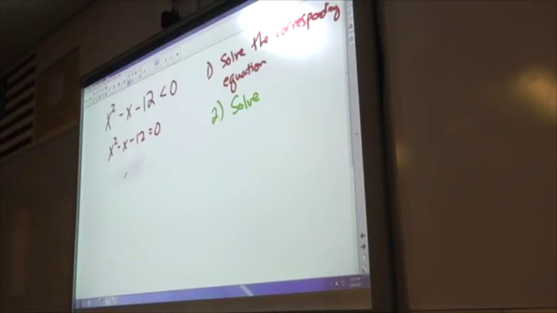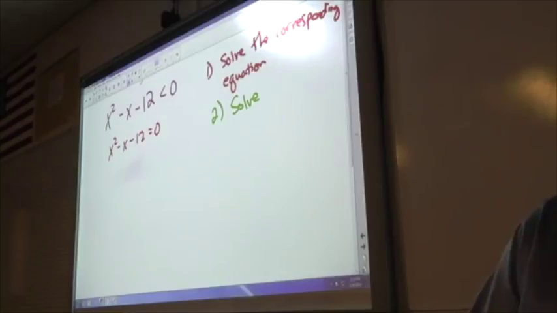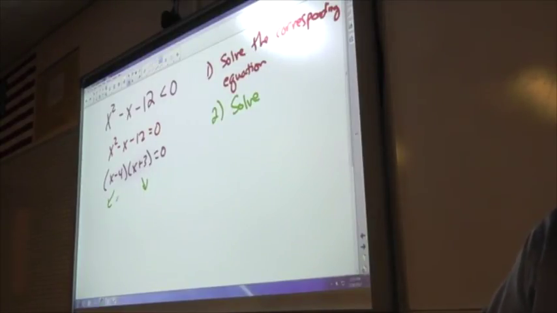Negative 4 and 3. Negative 4 times 3. Okay. So now we have x minus 4, x plus 3. Now, is it okay if I just jump to the answer? Yes. Okay, so this green arrow is the ZPP.